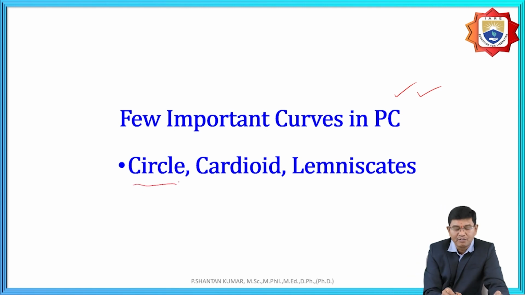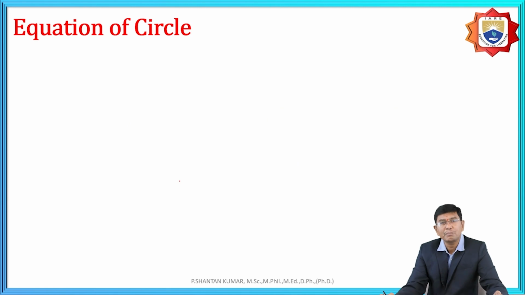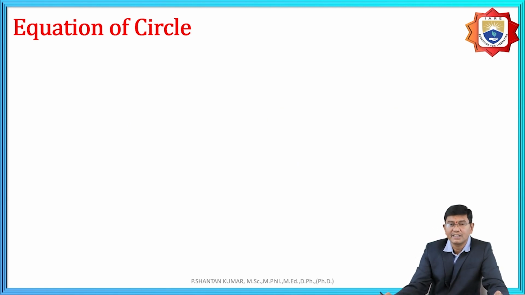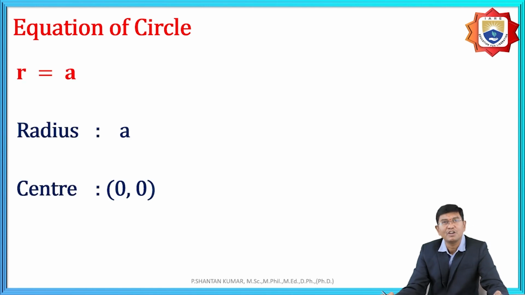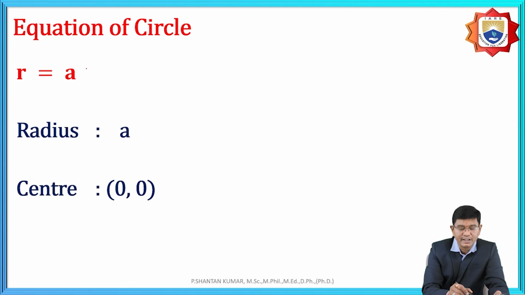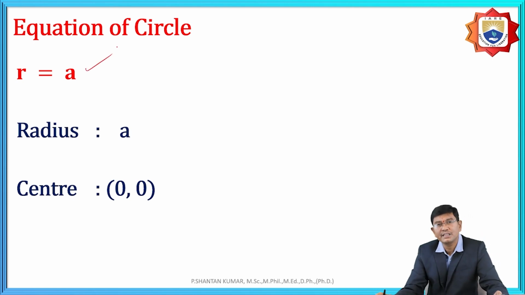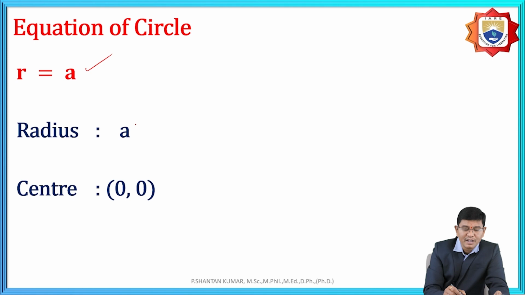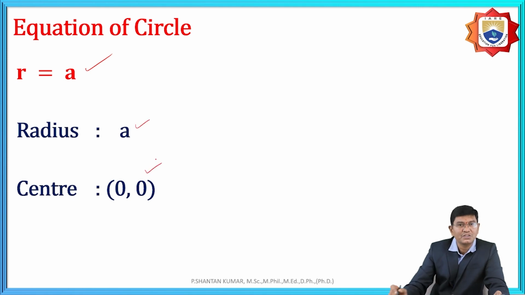For the circle, for example, what is the equation of a circle under the polar coordinates? In general, for example, it is r is equal to a. Here r is equal to a means the radius is a, and the center of the circle is 0 comma 0.